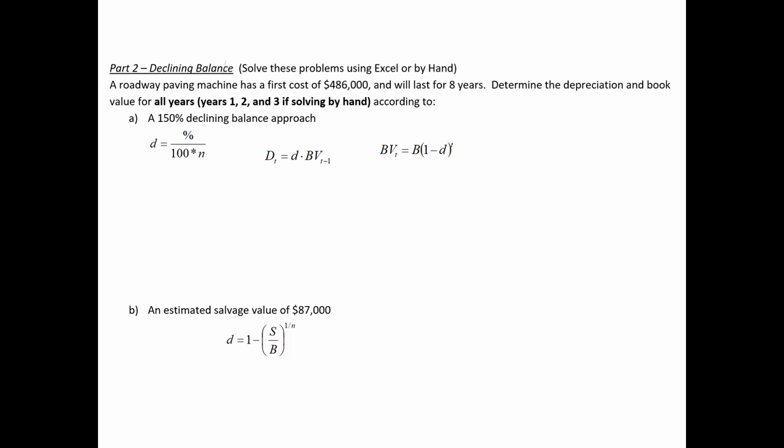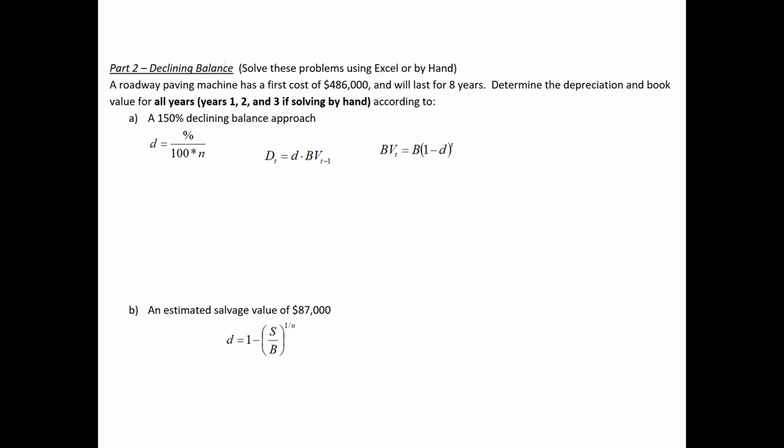Now, in declining balance, you're not losing the same dollars each year, but you're losing a percentage that is constant of the previous year's value. So we're going to try both the 150% declining balance and the situation where you're given an estimated salvage value, the salvage value of $87,000.